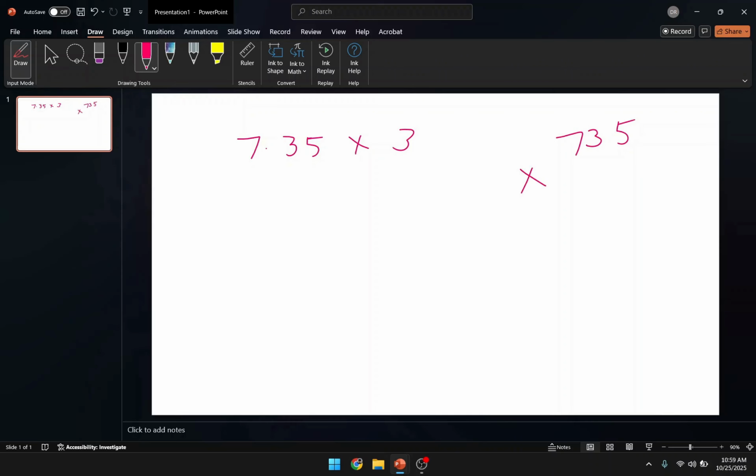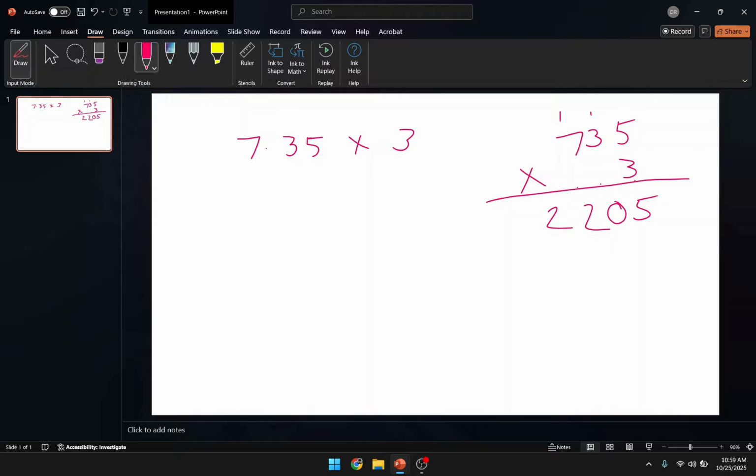Where should I write 3? Here, here or here? Let's write it here. 5 times 3 is 15, 3 times 3 is 9 plus 1 is 10, 3 times 7 is 21 plus 1 is 22.